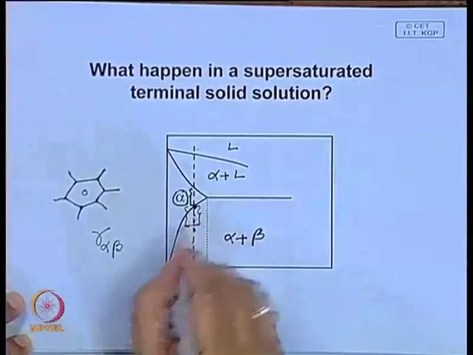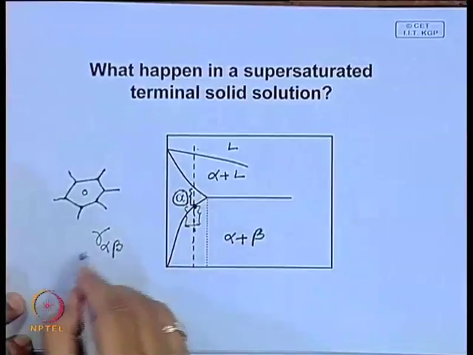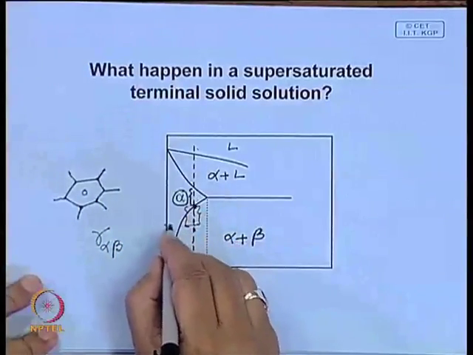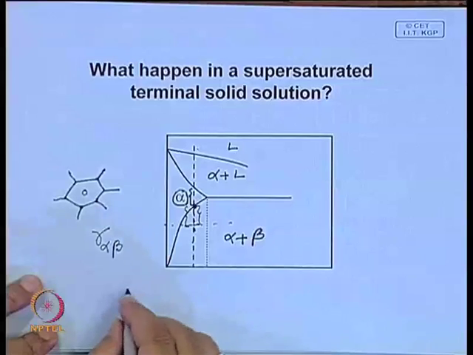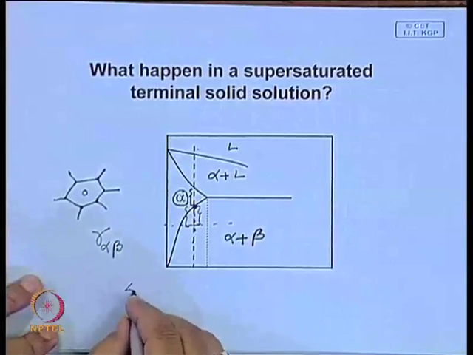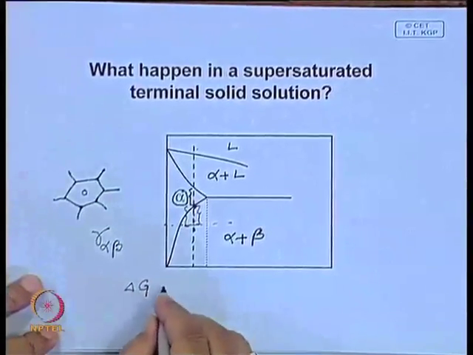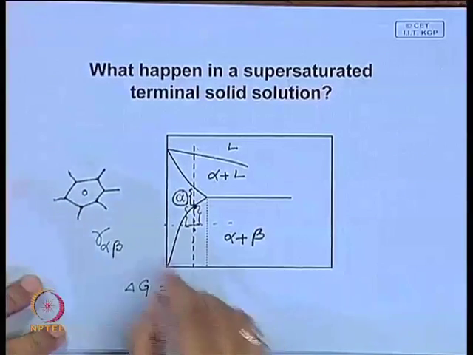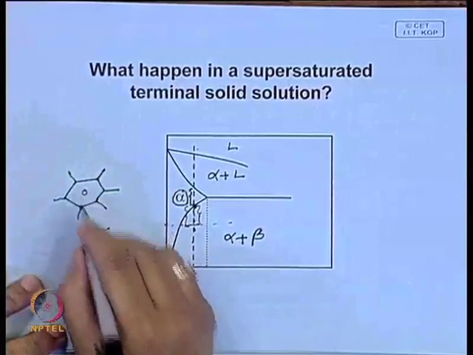The supercooling is the driving force for the reaction and the total energy change at any particular temperature, you can write an equation something like this, delta G. This will be the volume of the precipitate.